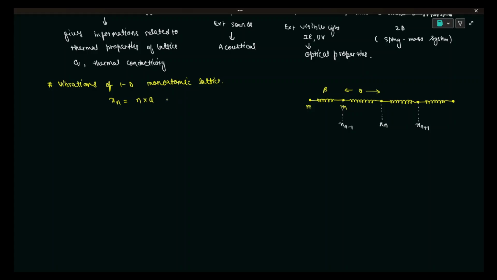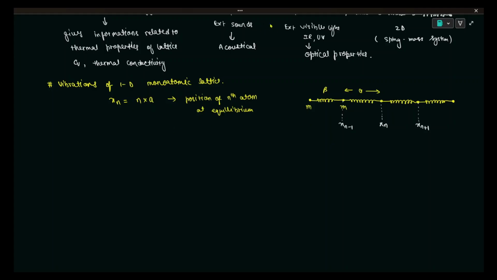So this is the position of the nth atom at equilibrium. Consider this is a state of equilibrium where the atoms are situated at xn positions.